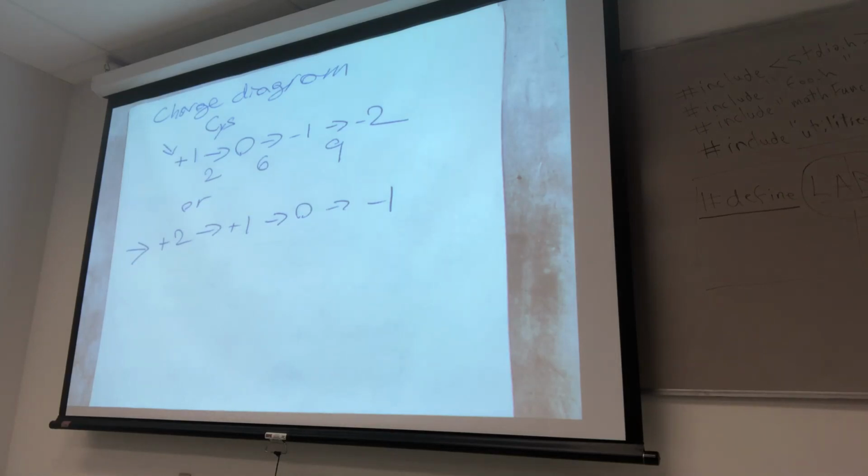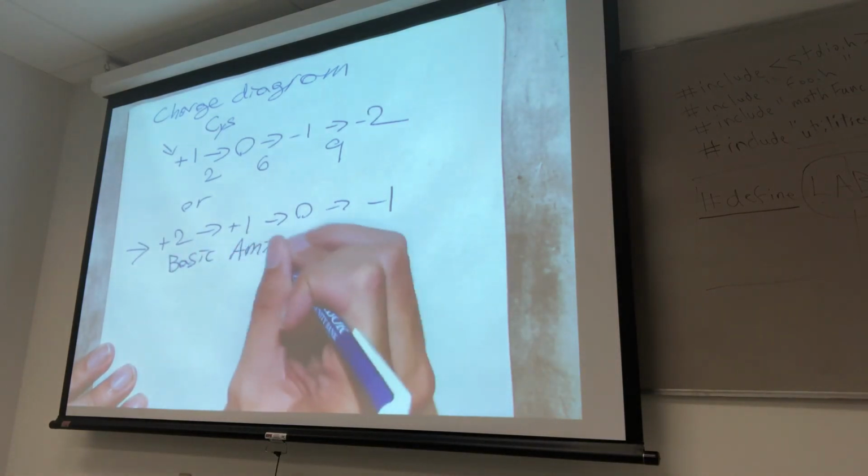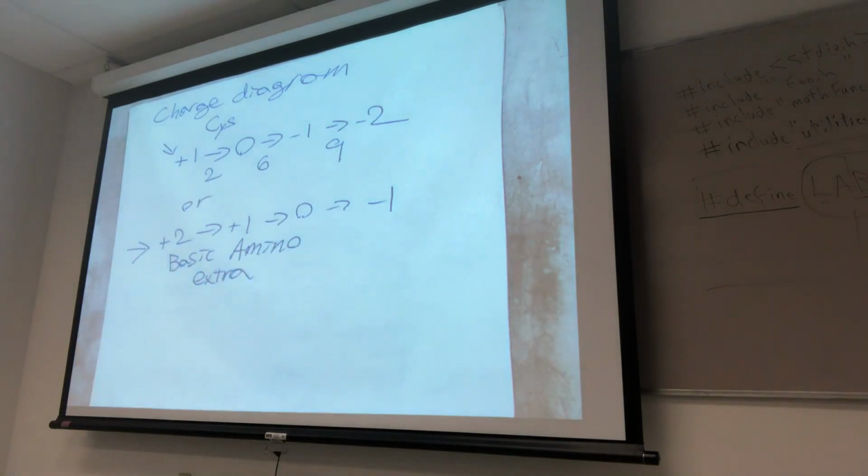Only basic amino acids. And the reason why is that basic amino acids are more positively charged compared to other amino acids because basic amino acids have an extra amino group in their side chain. So that's why they can be more positive than normal, okay?